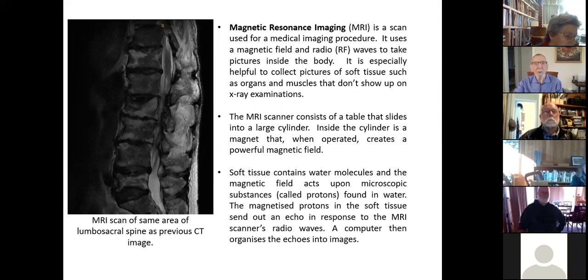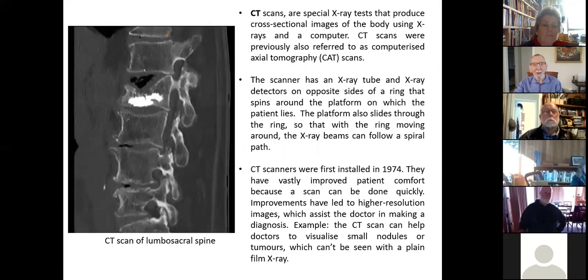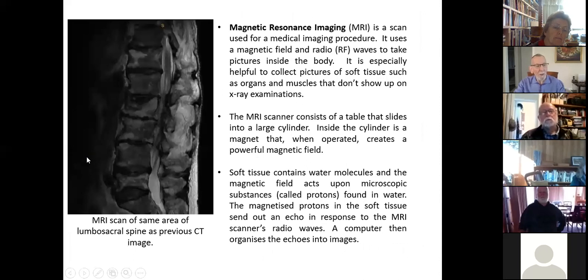If we just do the comparison, here's the musculature and the soft tissues, not very clear, but in the MRI scan, quite detailed. What the MRI scan doesn't do, though, is show you what's inside the bones.